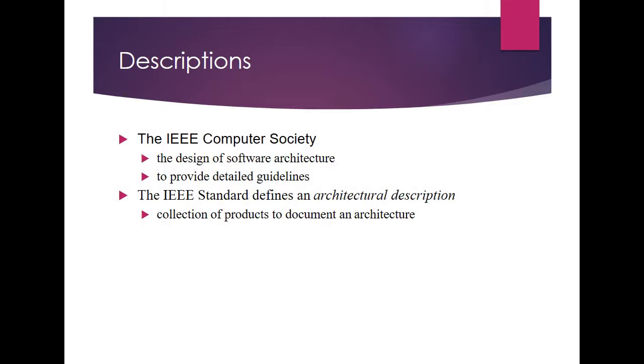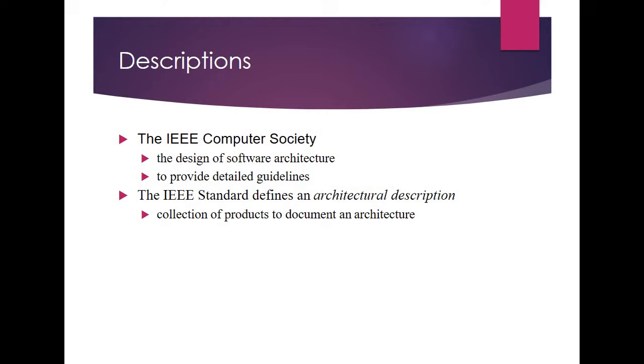There are many architecture descriptions. The IEEE Computer Society has given some descriptions, and they mention what the different design softwares available for designing any application software or system software are, and what the various guidelines are which have to be followed for designing the software.